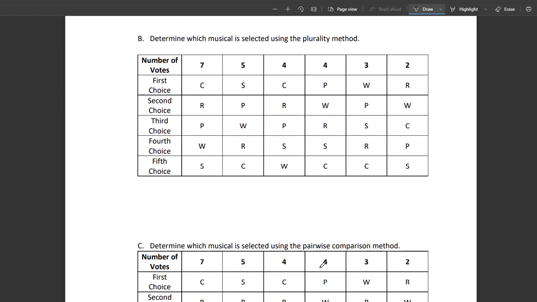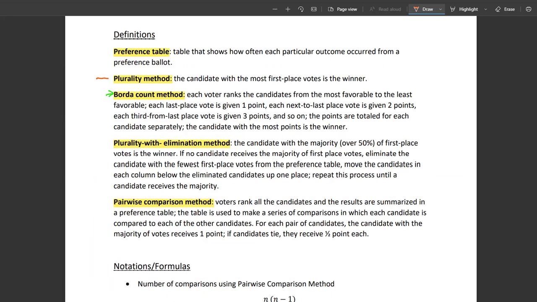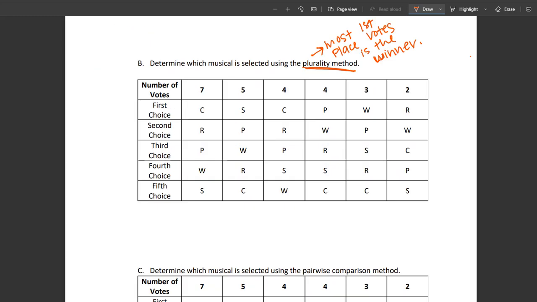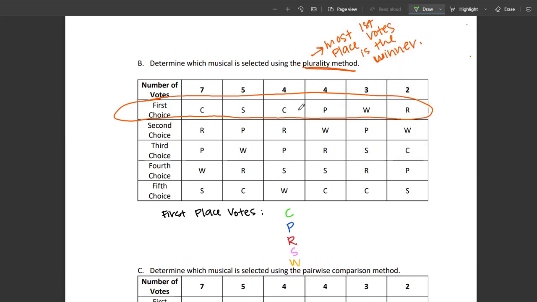Alrighty, we are now going to use the plurality method. Let's look at the definition. In the plurality method, the candidate with the most first place votes is the winner. All right, so that means that we are only looking at these first choice votes. Everything else on this table does not matter. All right, so Cabaret, first place votes.